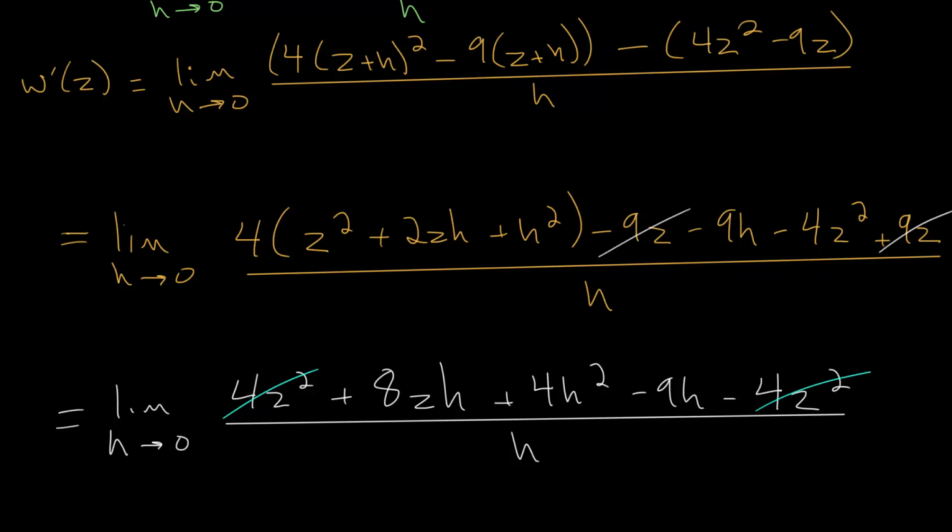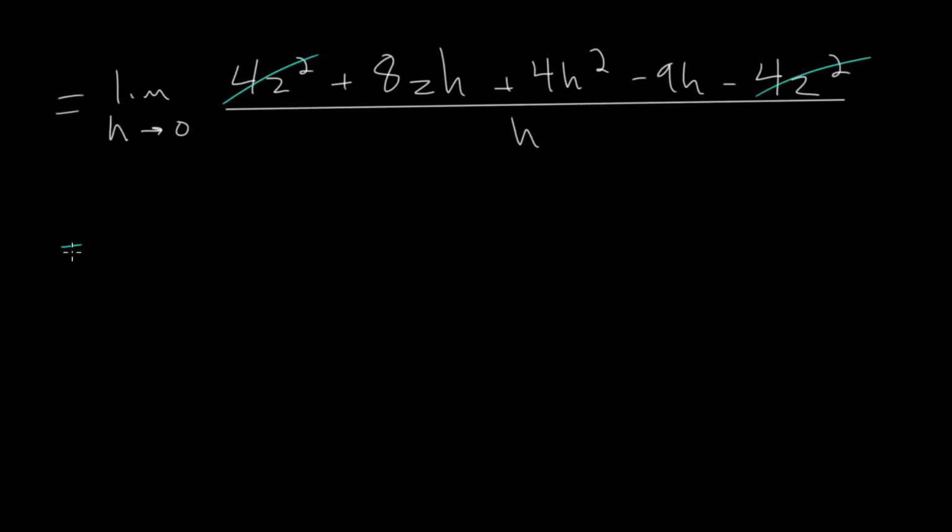So those will cancel out. And notice now that each of these remaining terms has h in it. So we can divide all of these by h to simplify this expression. We still have the limit as h approaches 0, and we now have 8z plus 4h minus 9. And we divided everything by h, so we no longer have our denominator.